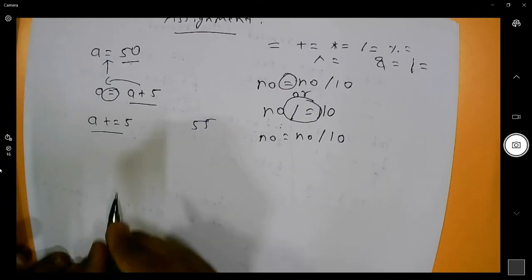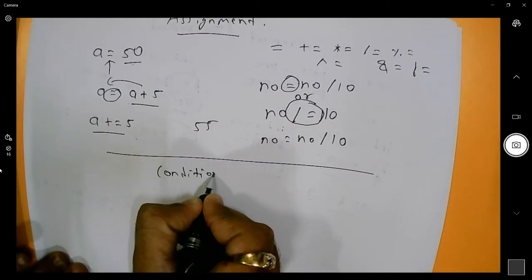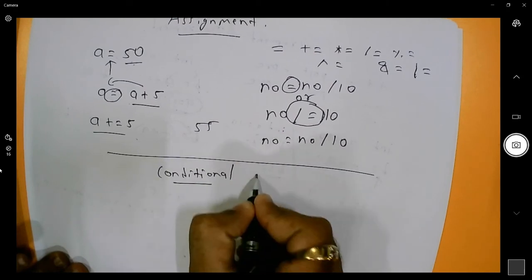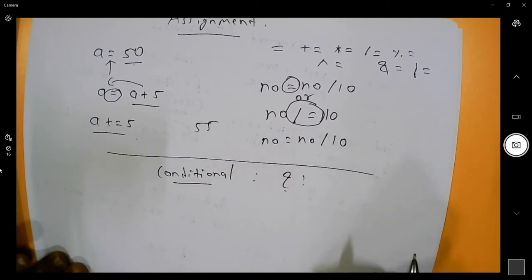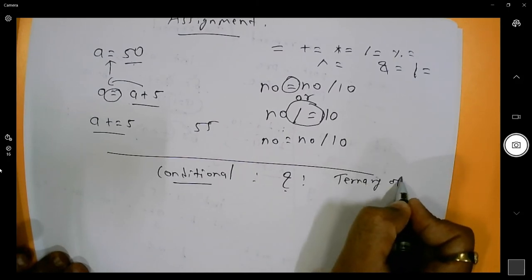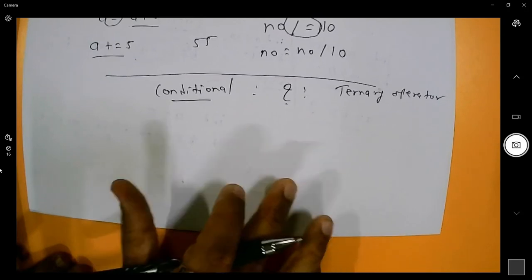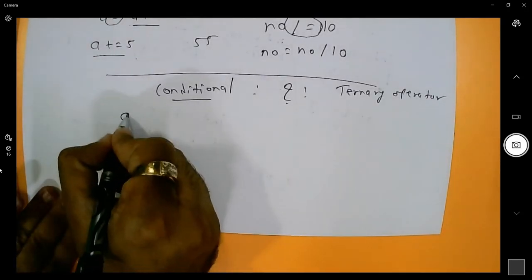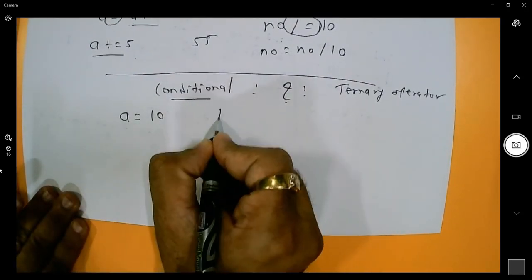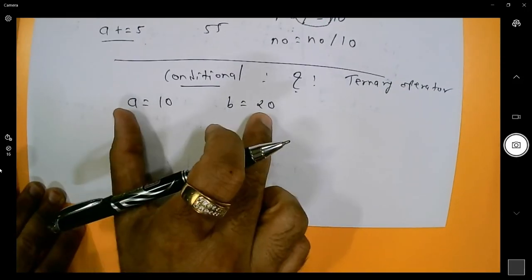The next operator is known as the conditional operator. What is the conditional operator? It is also known as the question colon operator, or the ternary operator, or you can say it is a mini if condition. Suppose a is equal to 10, b is equal to 20. Now I want to get the maximum of these two values.